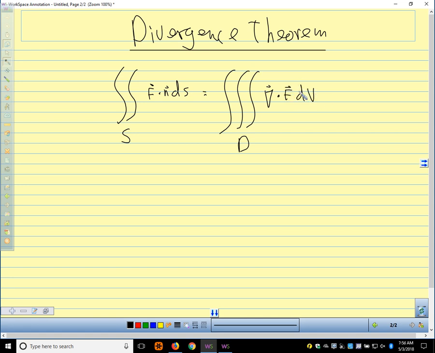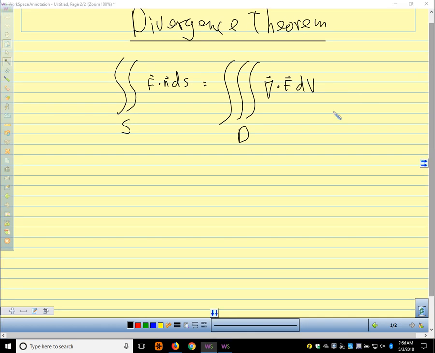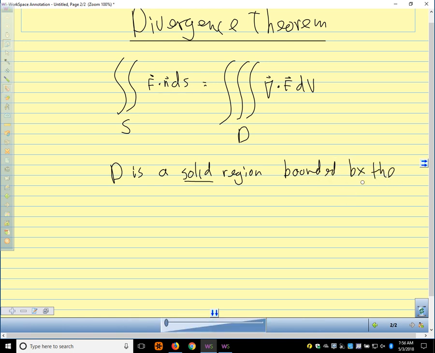And we need to make some specifications. D is a solid region, that's why we have a triple integral, bounded by the closed surface S.